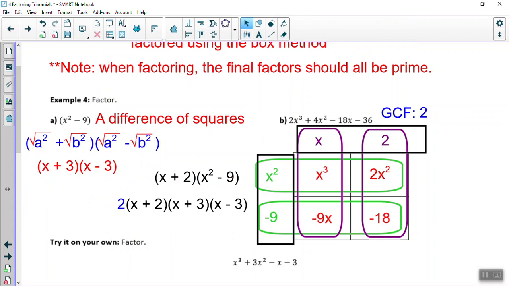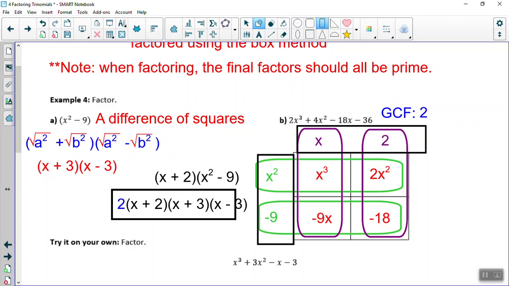Then I noticed that this one here was a difference of 2 squares, so I could follow my quick pattern and factor that one out to the x plus 3, x minus 3. So now I've got all of my factors listed out, all of my prime factors, the 2, the x plus 2, the x plus 3, and the x minus 3. So this one here would be my final answer.